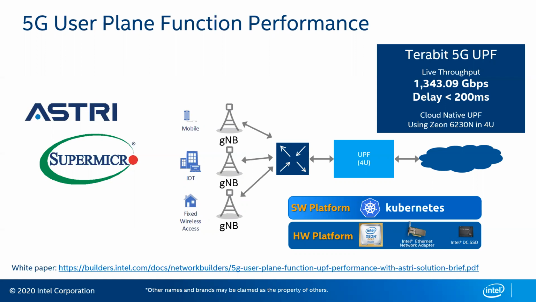On top of it, we did put AS3, which is the research institute in Hong Kong that have representative EPC and 5G core stack, and UPF component was put on top of it, and 4 units of height, we run 1.3 terabits of traffic. So that's an example of how this whole thing can be configured for really high throughput.